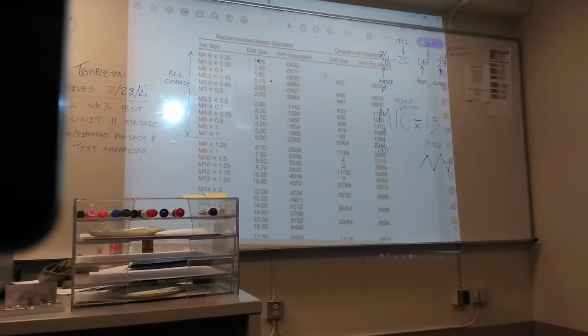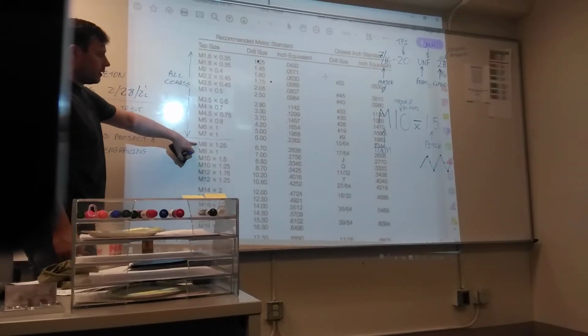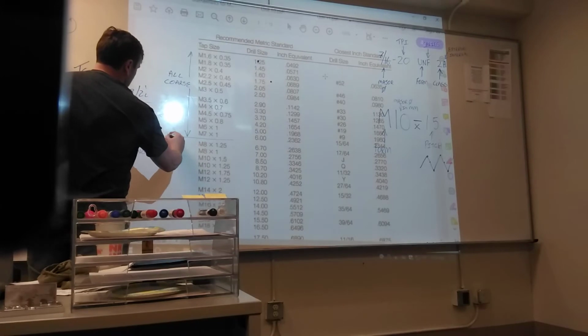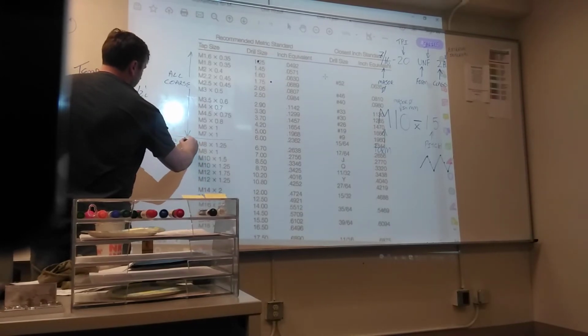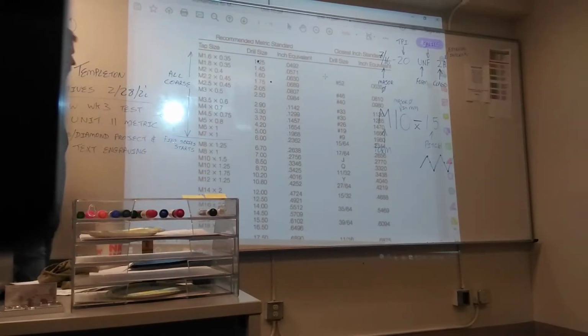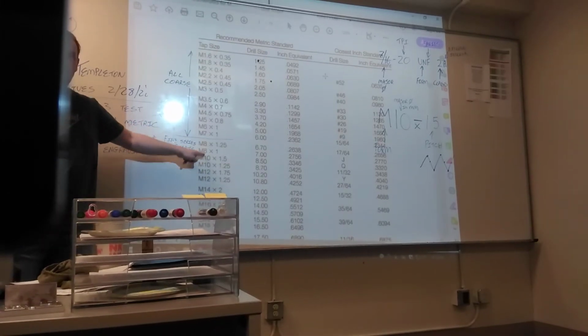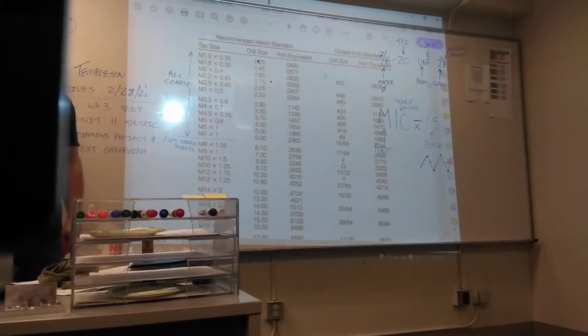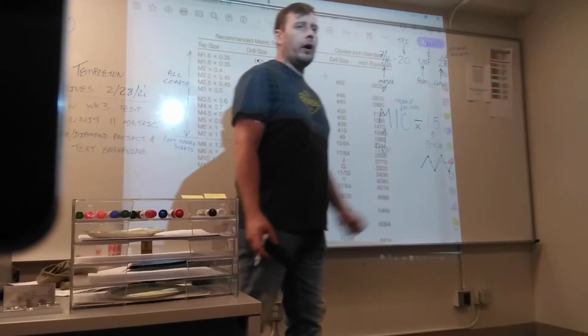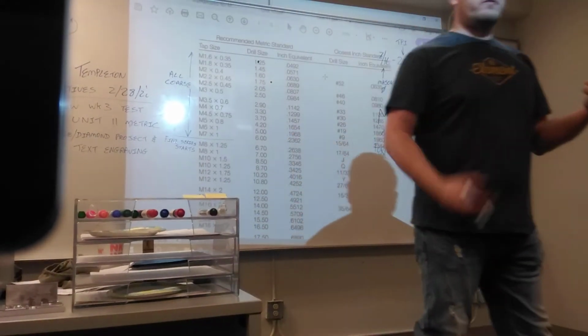The fine series doesn't start until you get to 8 millimeters. So once you get to M8, you notice how there's 2 callouts now. There's 2 M8s, 2 M10s, 2 M12s. One is coarse, one is fine.